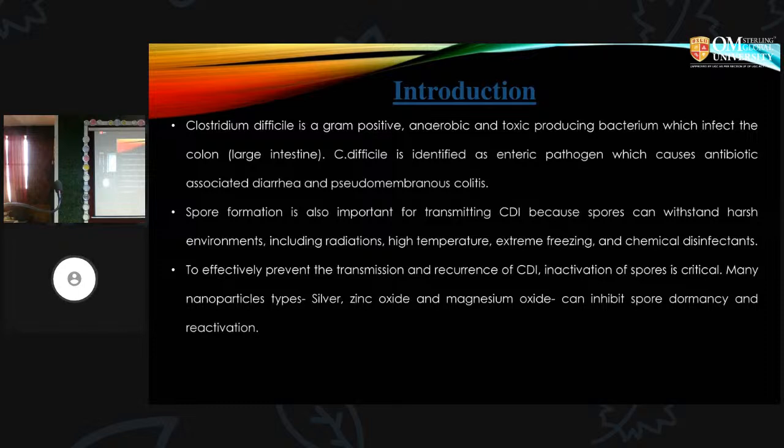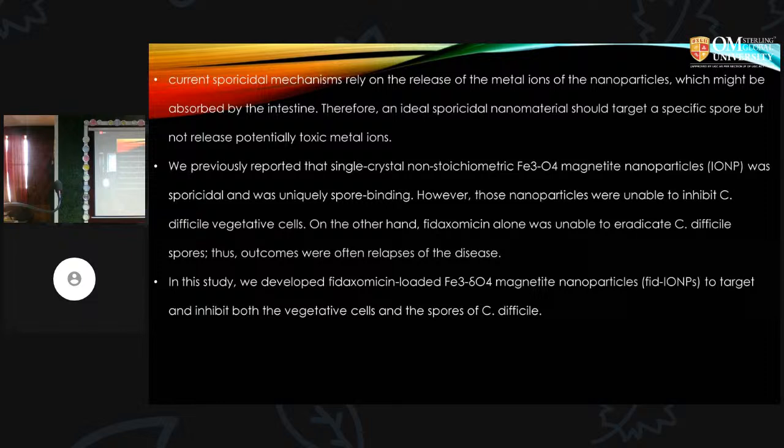Many nanoparticle types, such as silver, zinc oxide, and magnesium oxide, can inhibit spore dormancy and reactivation. Current sporicidal mechanisms rely on the release of metal ions from the nanoparticles, which might be absorbed by the intestine.